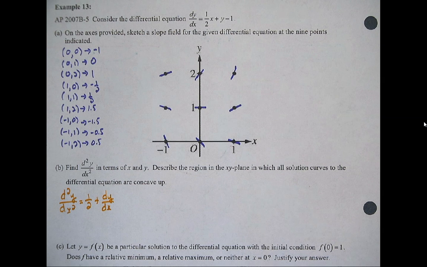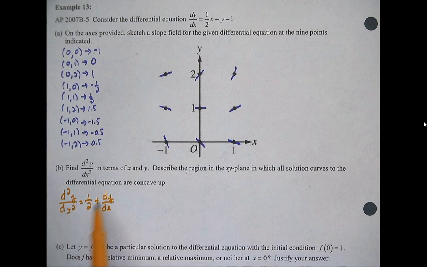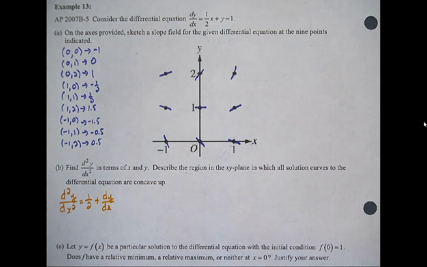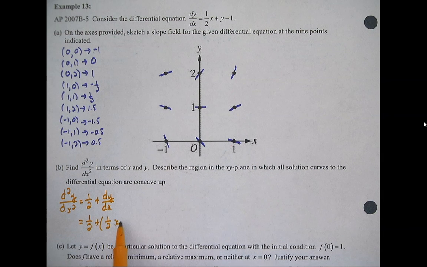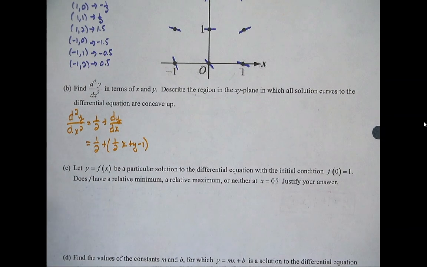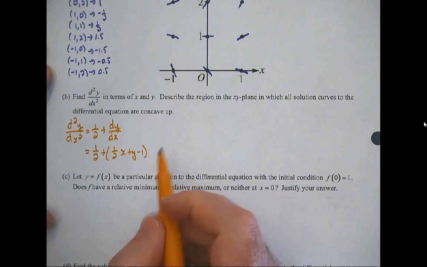Well, if you stop here, you're in real trouble because you have dy dx and d squared y dx squared, the second derivative. But look, dy dx is equal to this thing. So we can now sub that in, and we would get 1/2 plus 1/2 x plus y minus 1. Now I would clean this up because I like things to be nice and neat.